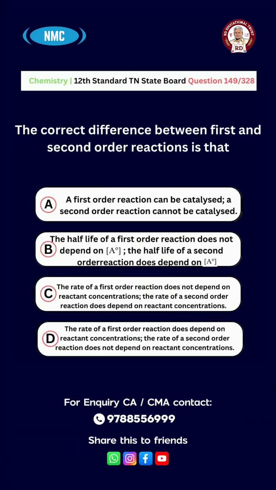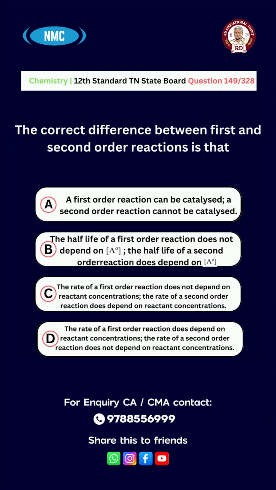Question number 149. The correct difference between first and second order reaction is that option A first order reaction can be catalysed, a second order reaction cannot be catalysed. Option B the half-life of a first order reaction does not depend on initial concentration, the half-life of the second order reaction does depend on initial concentration.